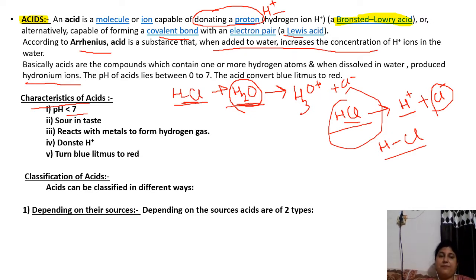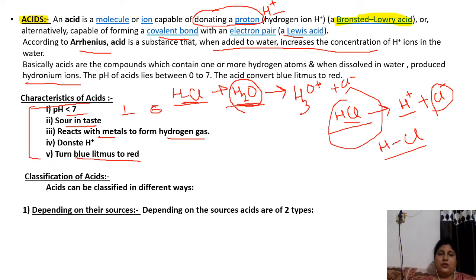Means if the pH of acid is 1, then it will be stronger than an acid with pH 6. Second thing, it is sour in taste. Taste में खट्टे होते हैं. Third thing, when they react with metal, they result in the formation of hydrogen gas. Moreover, they turn blue litmus to red. So these are the basic characteristics of acids.